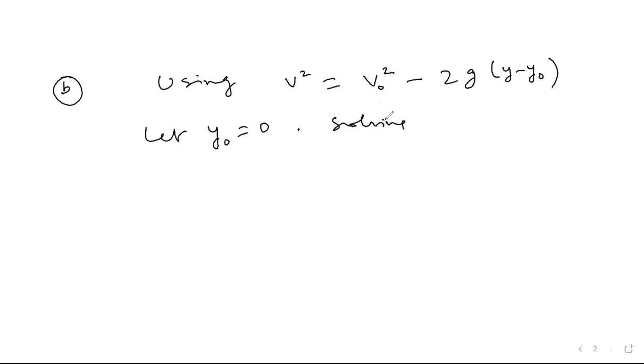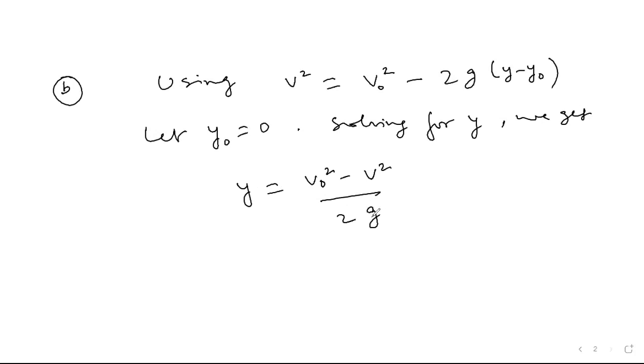When we solve for y, we get y is v naught square minus v square over 2g.